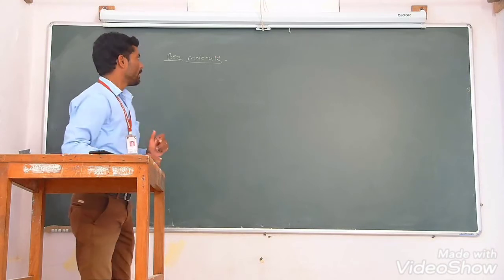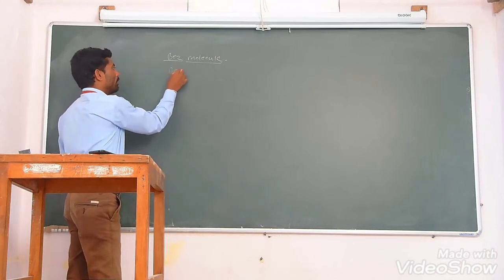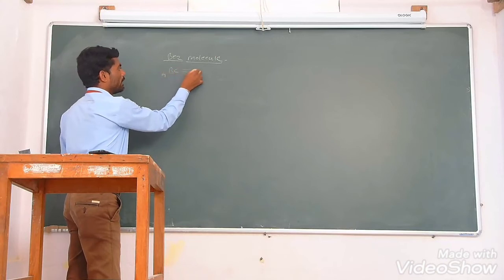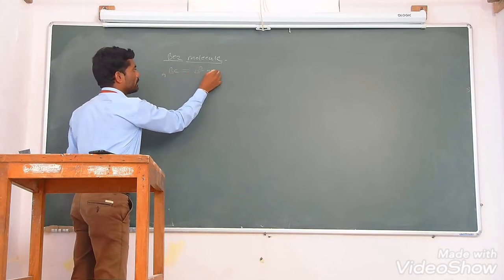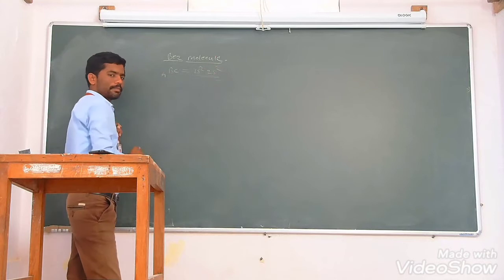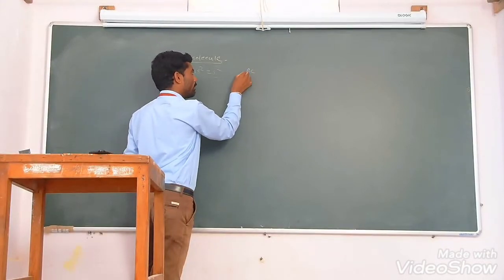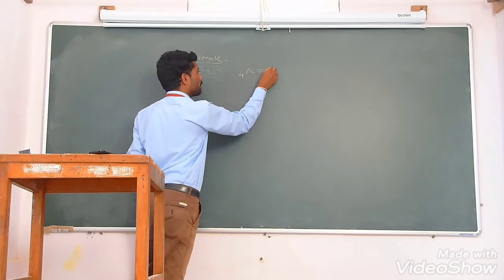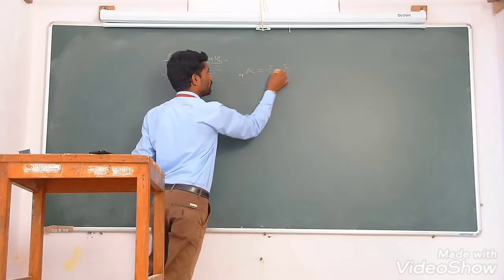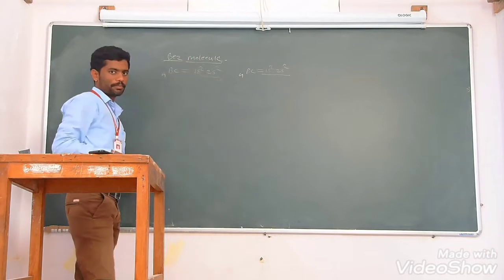We know that the atomic number of beryllium is 4 and its electronic configuration is 1s2 2s2. And for another beryllium atom, its atomic number is also 4 and its electronic configuration is 1s2 2s2.